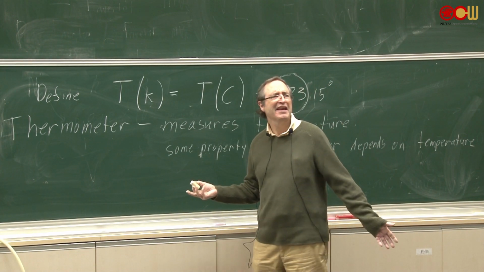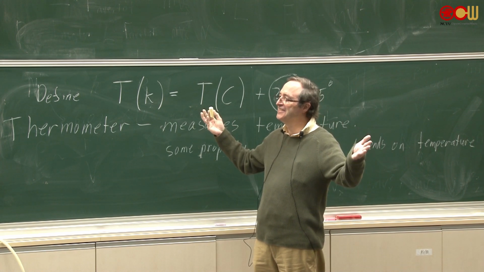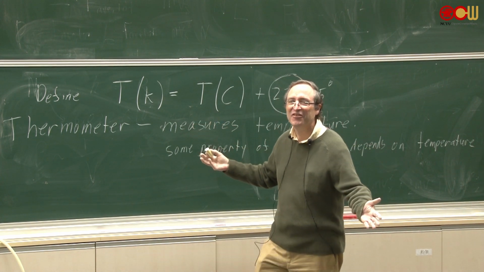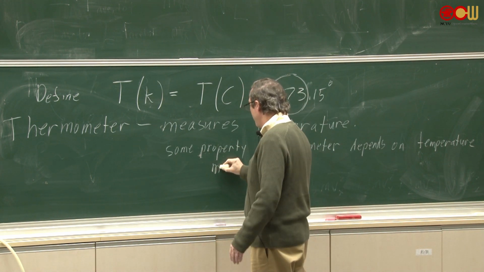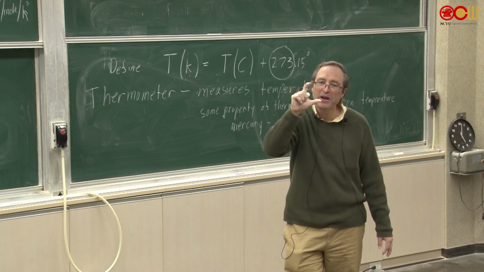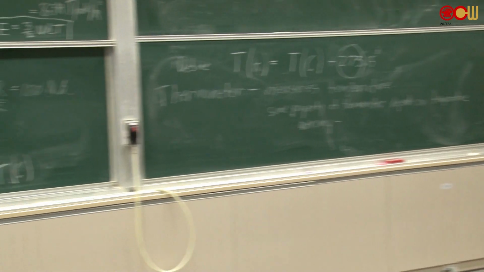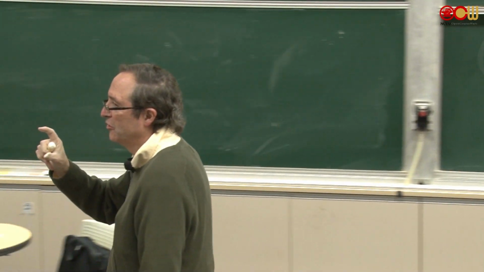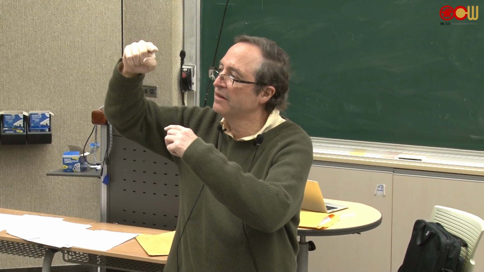I don't even know if anyone has ever seen a mercury thermometer, or if they're totally non-existent anymore. You know what a mercury thermometer is? That's what I had when I was growing up. It's a little tube with a little bit of mercury in it. Mercury is the only metal that is a liquid at room temperature. When it heats up, the mercury expands.